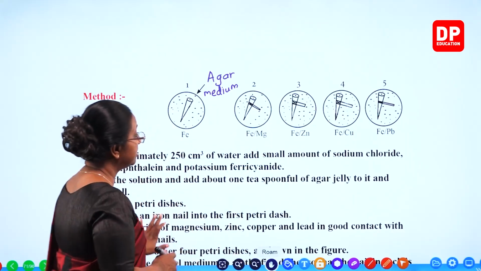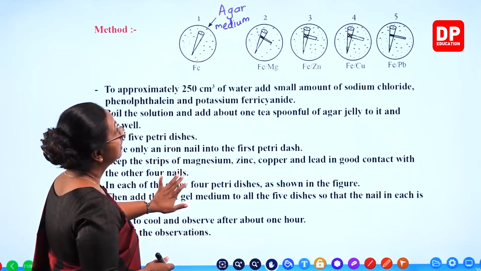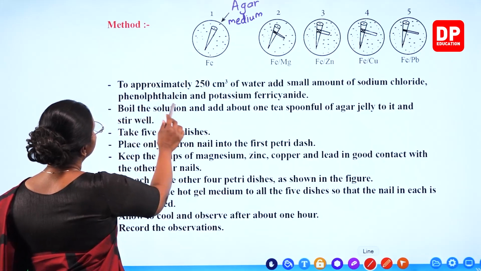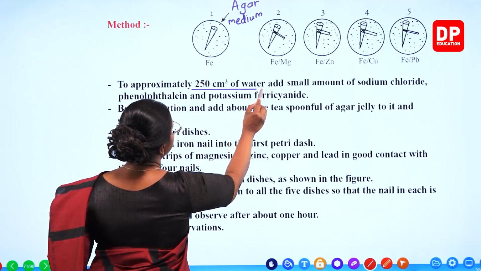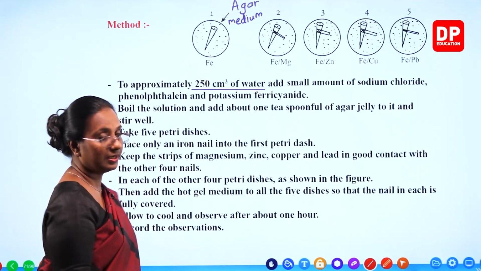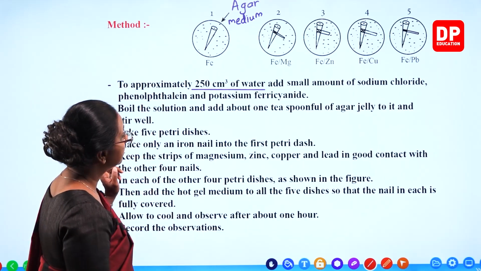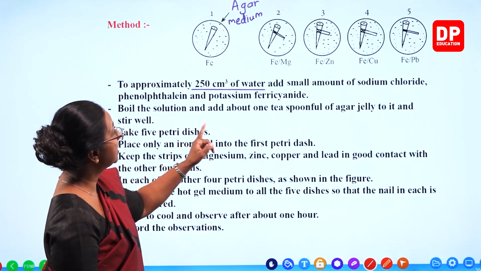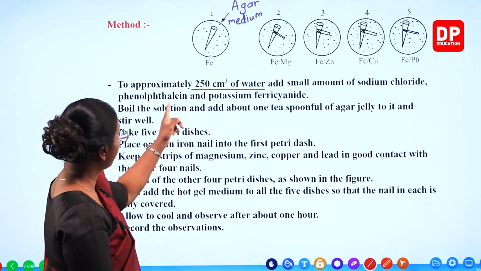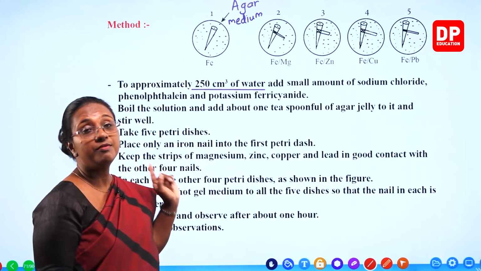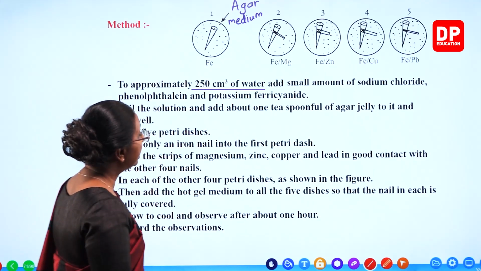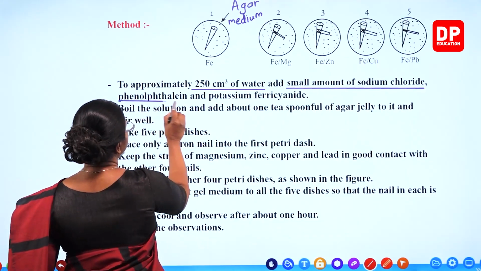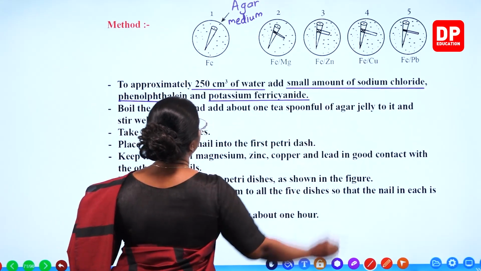So 5 petri dishes. Now we will look at the method. So here you can see, to approximately 250 centimeter cube of water, so roughly about 50 centimeter cube of water, the solution for each of the 5 petri dishes. To that you add a small amount of sodium chloride, phenolphthalein and potassium ferricyanide.